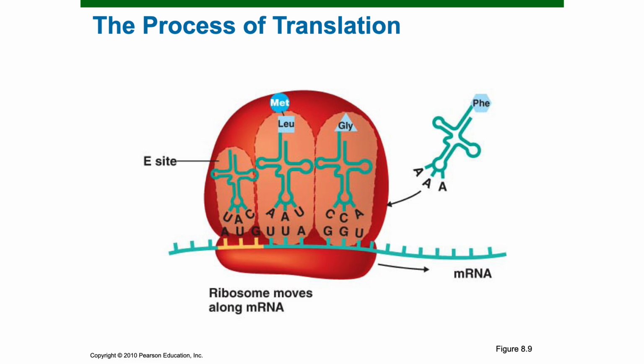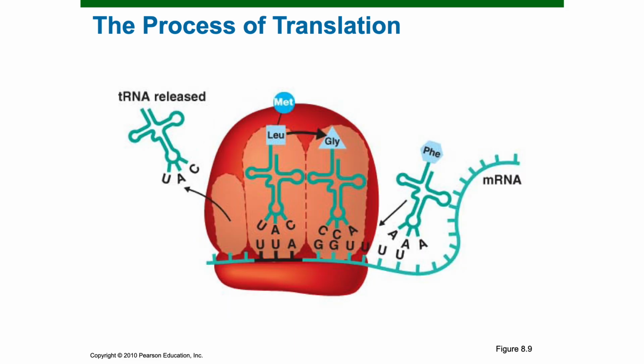And the empty transfer RNA that carried the methionine will move to the E site where it will be ejected. And so we'll have the ribosome starting to move down the messenger RNA. Transfer RNAs will bring the appropriate amino acids, and the ribosome will link them together. And it'll eject the empty transfer RNAs, which will then go and get refilled. And so it just chugs along like a train down the track.